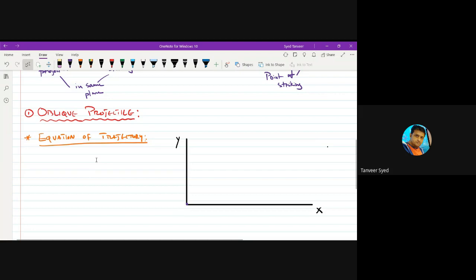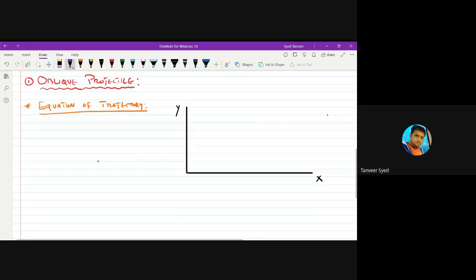Let us say I'm throwing a ball from the origin with some initial velocity u, which is making some angle theta with horizontal. This u is neither along horizontal nor along vertical. It is inclined. It is making some angle theta with horizontal. So if I throw this, its path will be like this.